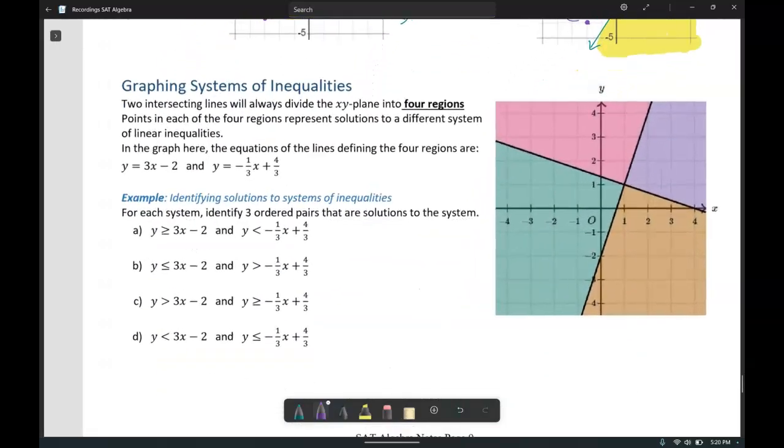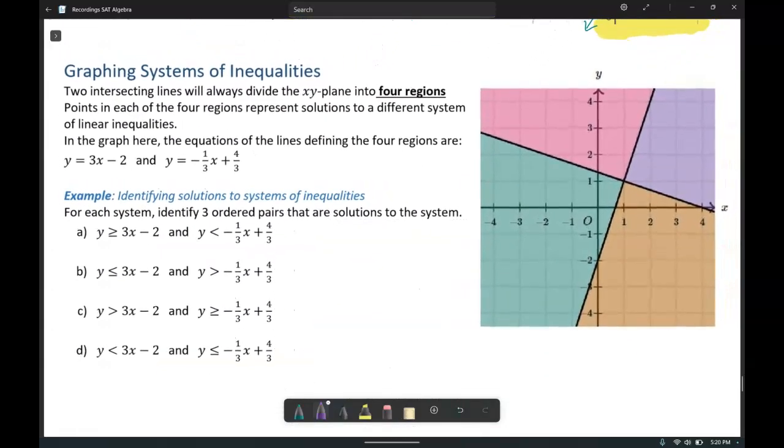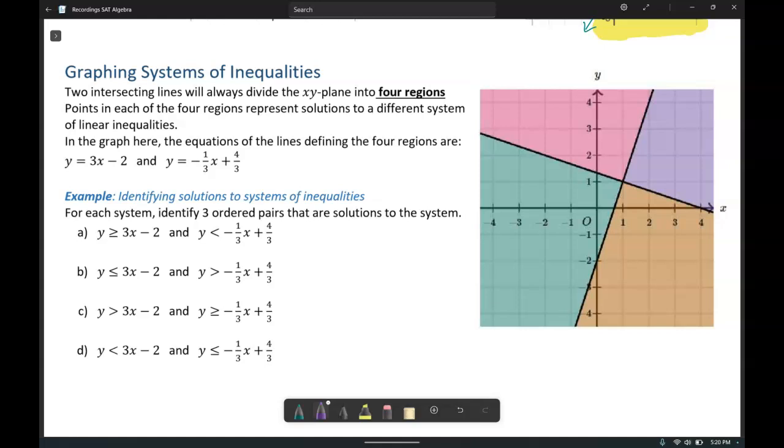Last thing we'll look at is graphing our systems of inequalities. Whenever we have two intersecting lines, our plane is always divided into 4 regions. Points in each of the 4 regions represent solutions to a different system of linear inequalities.